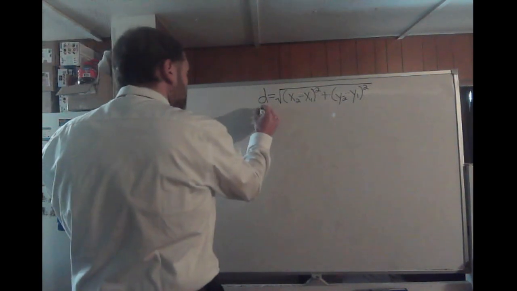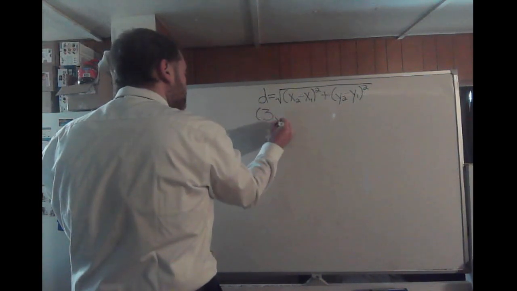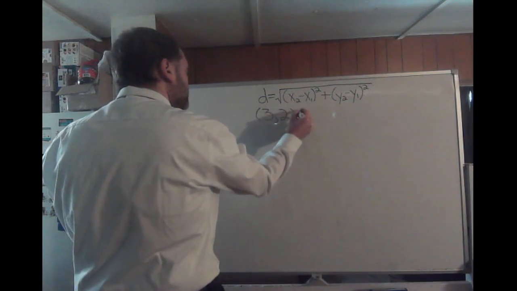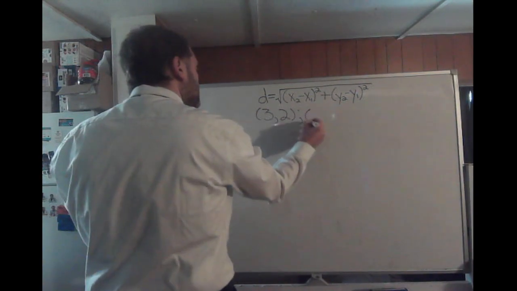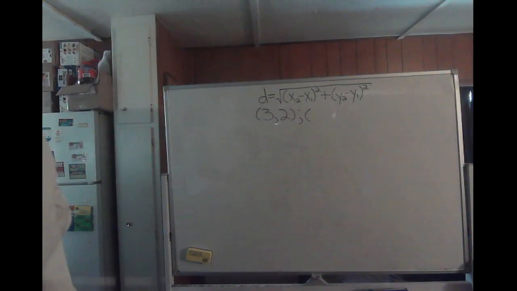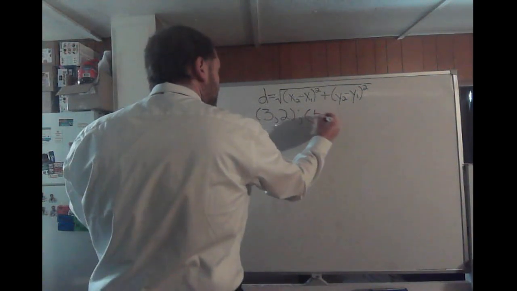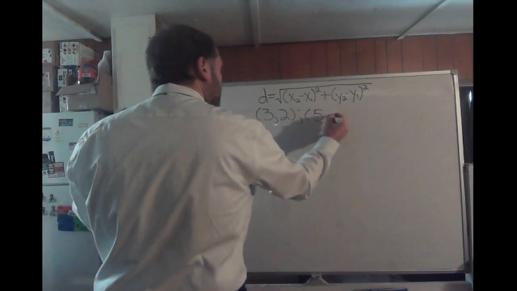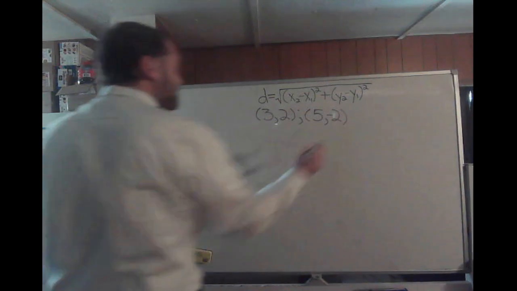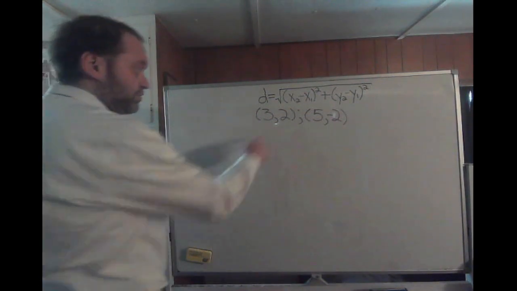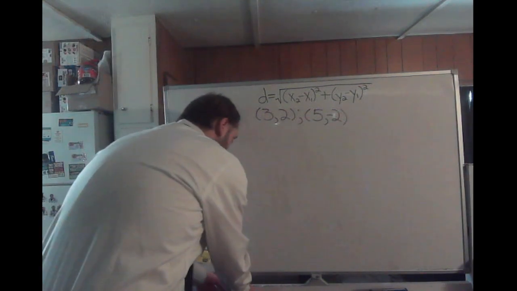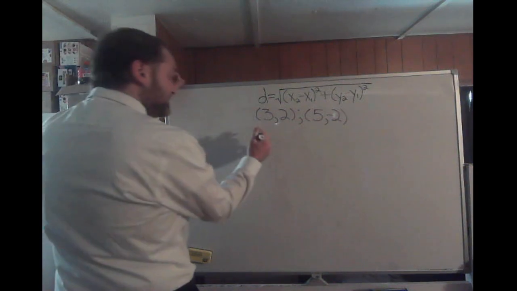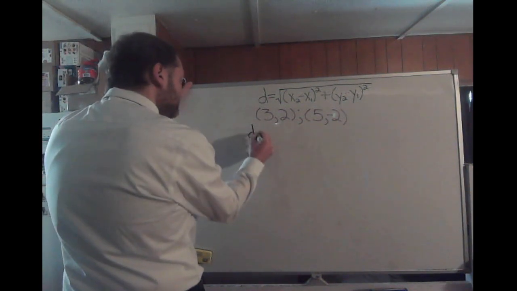Okay. Let's find the distance between the points 3, 2, and then 5, -2. So we're given the two ordered pairs 3, 2, and 5, -2. Well, let's find the distance between those points.